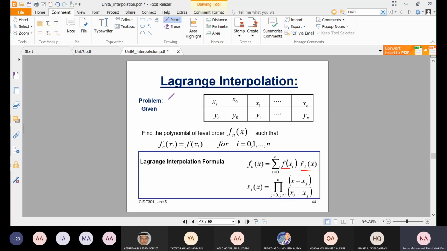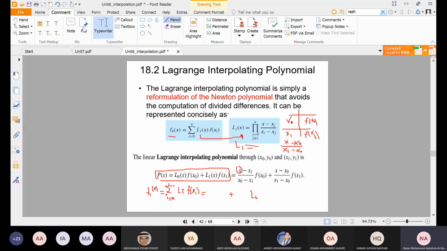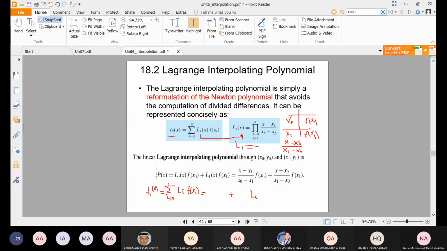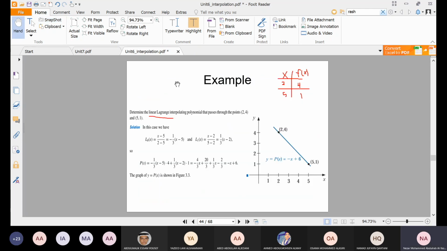From the linear, as we said, we need this polynomial. If we remember this one, I'll paste it here.